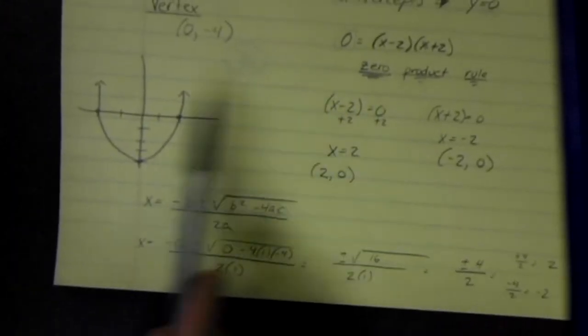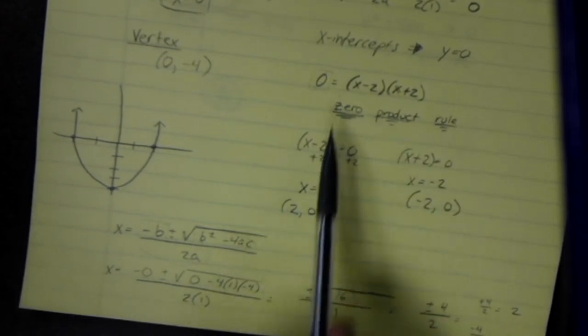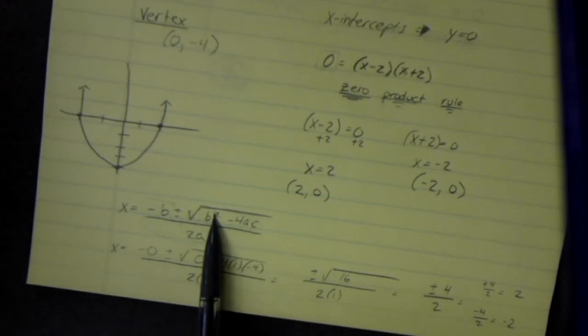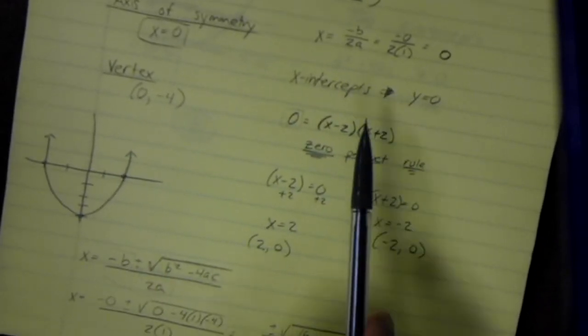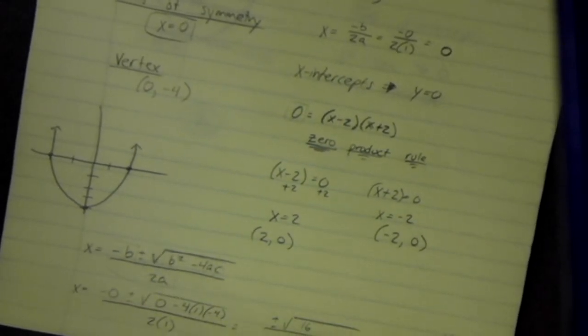We talked about factoring to find the x-intercepts using the zero product rule versus using the quadratic formula. This one will always work no matter what quadratic you're looking at, whereas the factoring method only works if it factors. If it doesn't factor, you have to use the quadratic formula to find the x-intercepts.